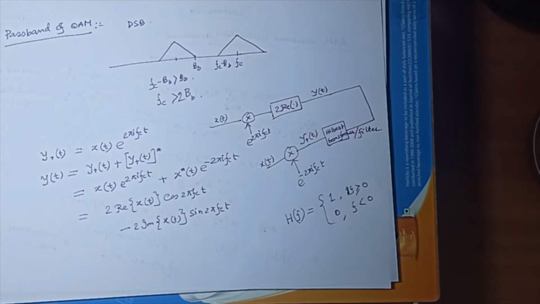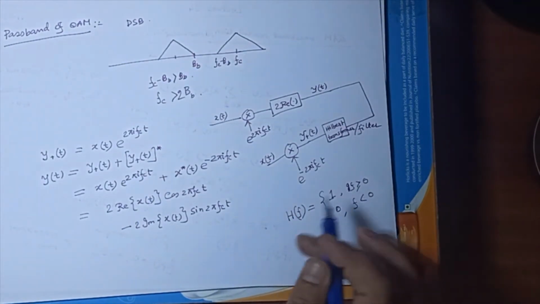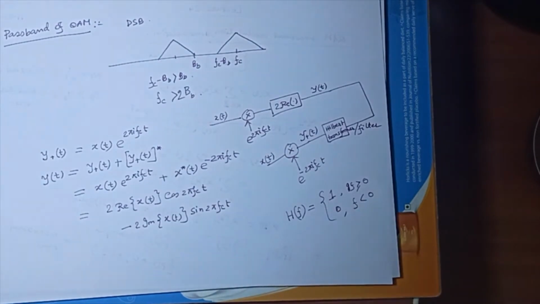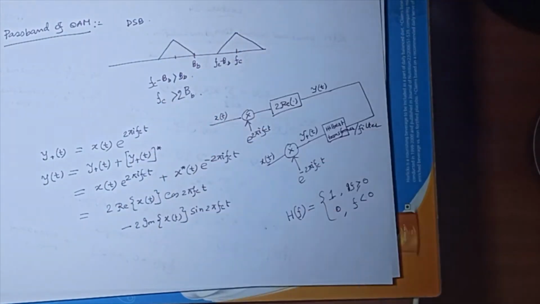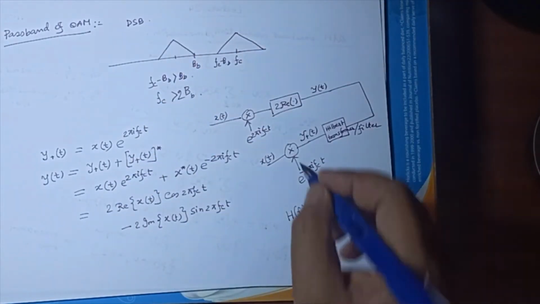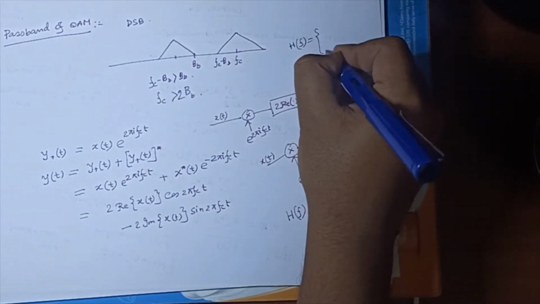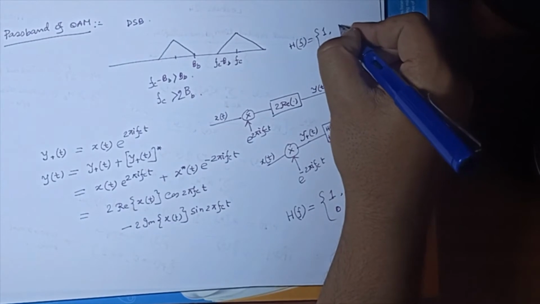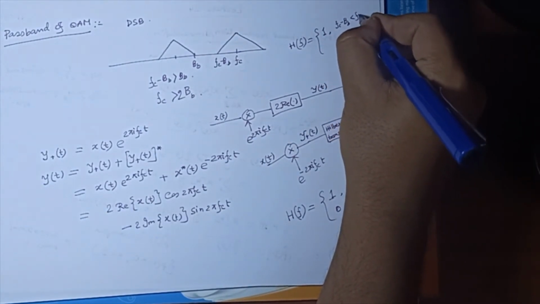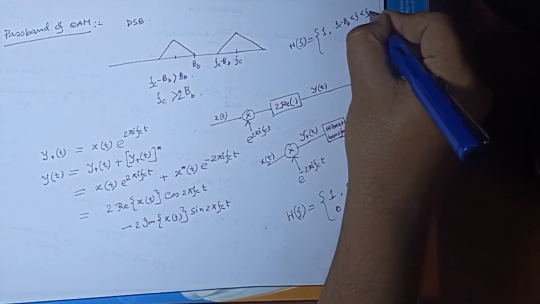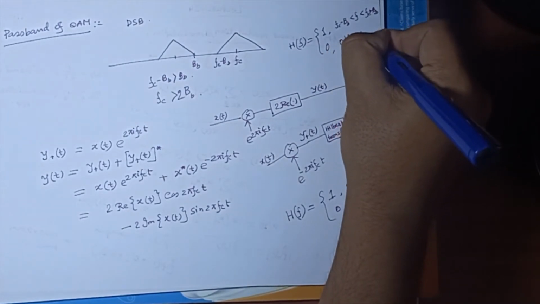However, we can make it even more specific, because this H(f) is not L2. To make it L2, we can make it 1 only in the corresponding passband. So we design H(f) equal to 1 when f is between f_c minus B and f_c plus B, and 0 otherwise. That is good enough.